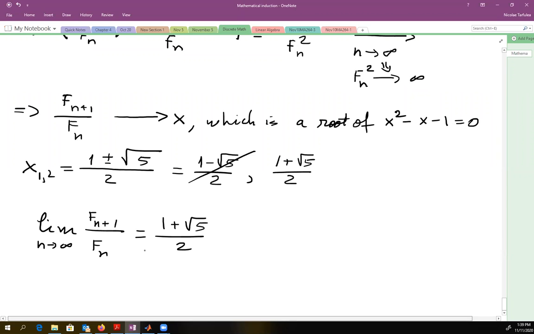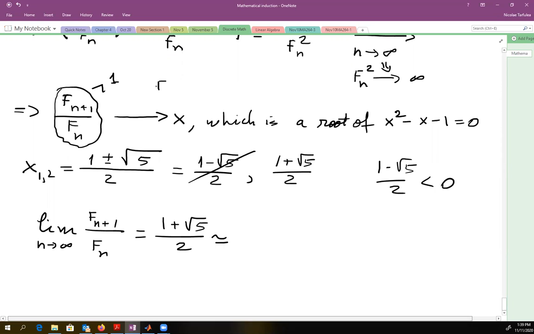Okay. Now, if you compute this value, if you use a calculator, I'm going to use mine now. So why do we scratch off 1 minus the square root of 5 over 2? Because this is negative, less than 0. That can't be, because these are all positive numbers. This here is strictly positive. Actually, it's greater than 1, all of them, because fn plus 1 is greater than fn.